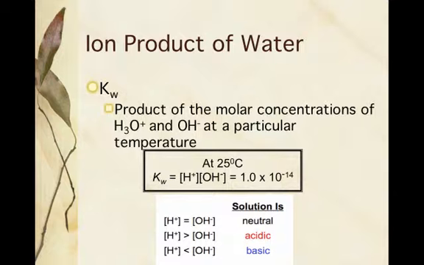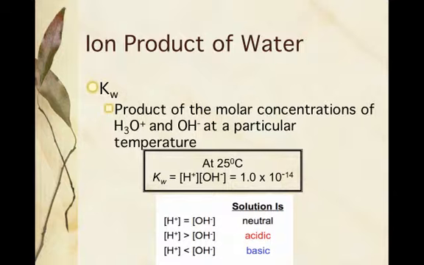So we have the ion product constant of water, and that's called Kw. Kw is the product of the molar concentrations of H3O plus and OH minus at a particular temperature. At 25 degrees Celsius, we interchange H3O plus and the H plus symbol, they're interchangeable.